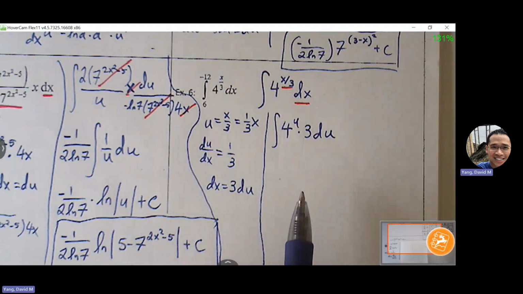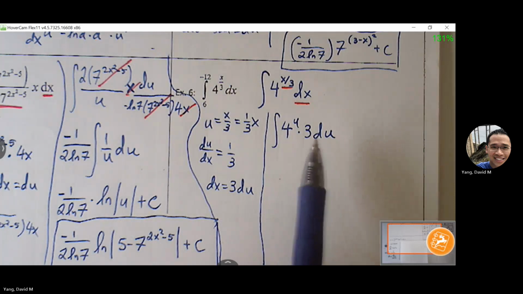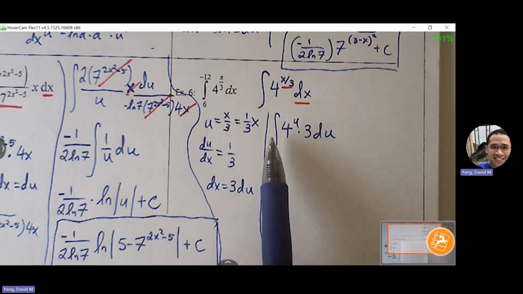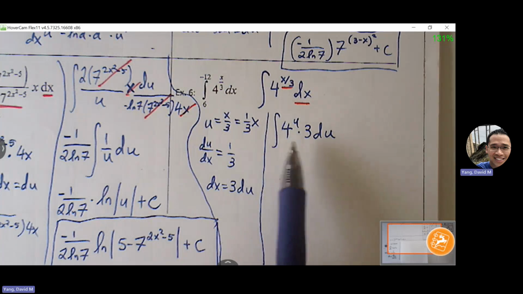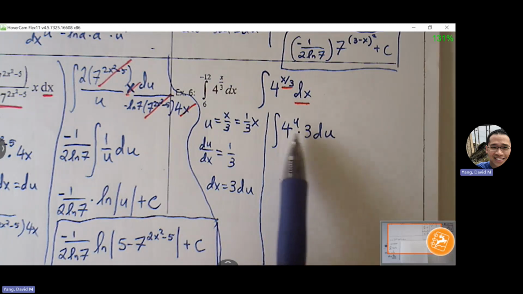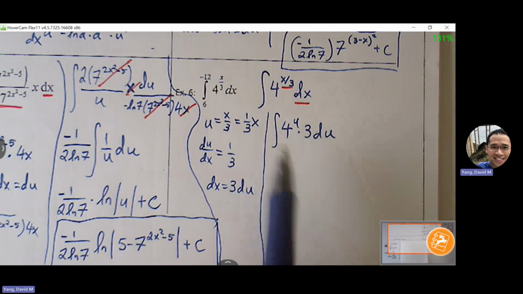Okay, we're going to put this 3. Put the 3 where? So the integral. Yeah, outside, right? I see some students do this, they want to do the 4 times 3 is 12, but we can't merge these together. The 4 is not just a 4, it's 4 raised to the u. So the best we can do is just pull that 3 out in front.